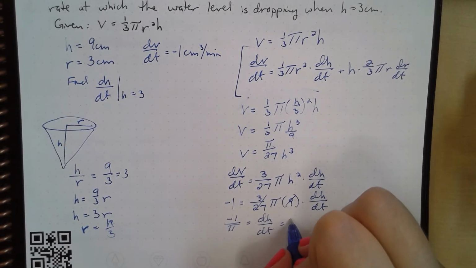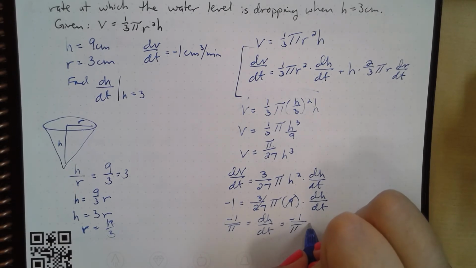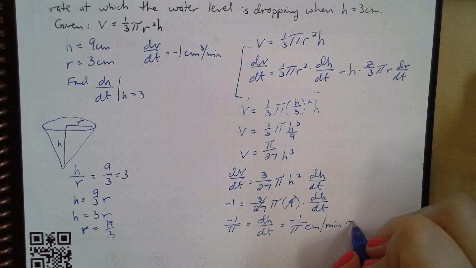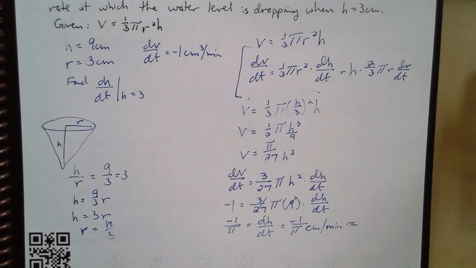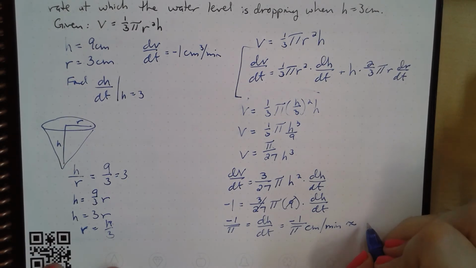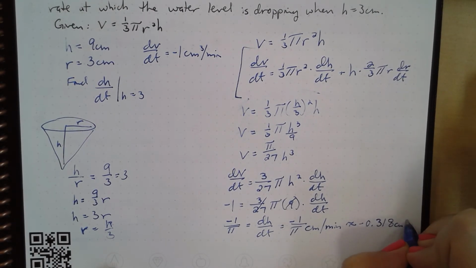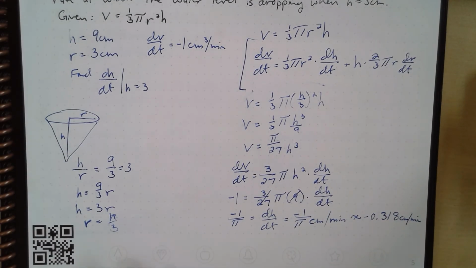So dH over dt is equal to -1 over pi centimeters per minute. And this is about -0.318 centimeters per minute.